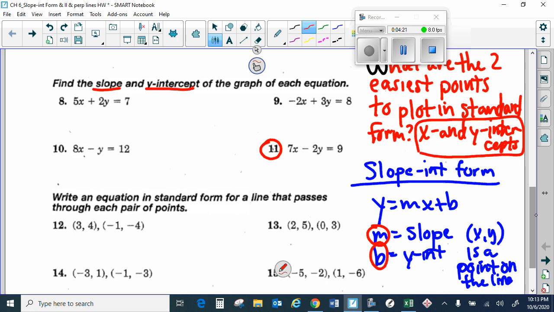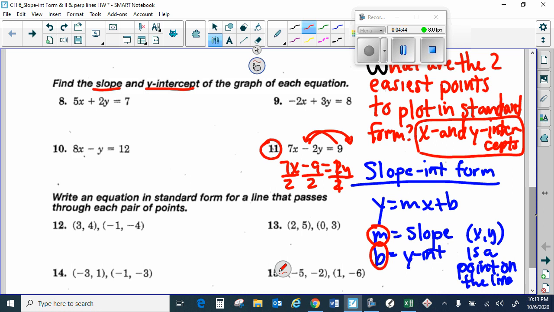Now, since I'm solving for y, I want to solve for y to be positive. So therefore, since it's negative 2y, I want to go ahead and move that to the other side, make a positive 2y, and subtract this across. So I have 7x minus 9 equals 2y. That way I'm always dividing by a positive, and I won't have to switch the signs at the end. So y equals 7 halves x minus 9 halves.